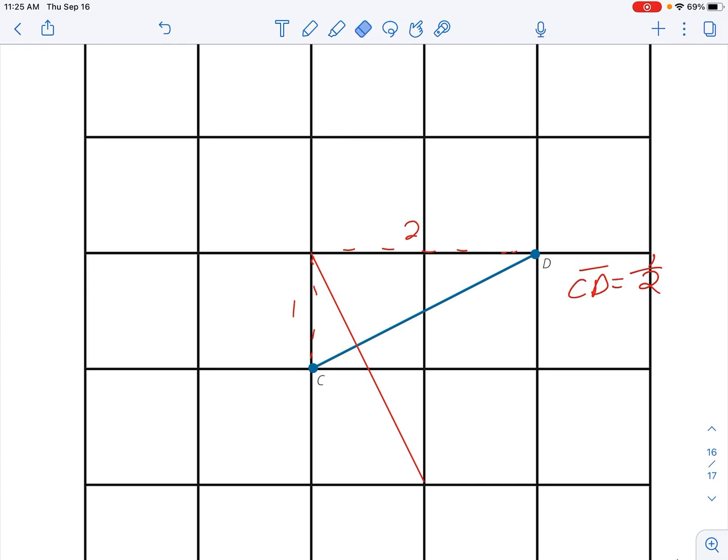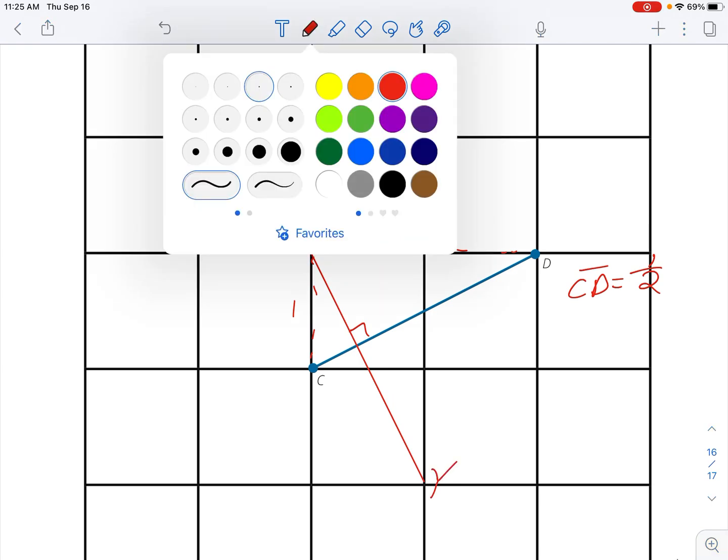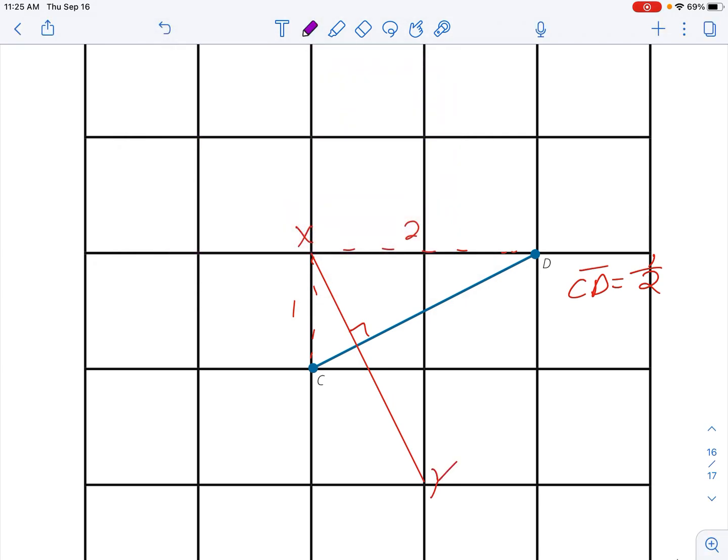It's still perpendicular, but I've made it to where I can calculate the slope of that new line segment. I'll call it XY. And what I notice then is, if I calculate that slope, I'm going down 2 and to the right 1. So for that XY, down 2, right 1, I get -2.